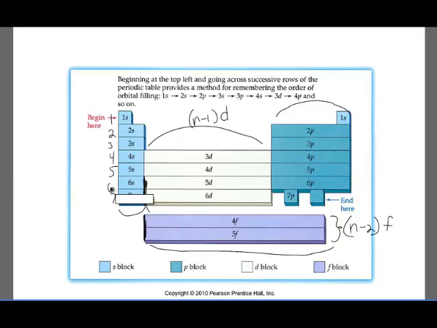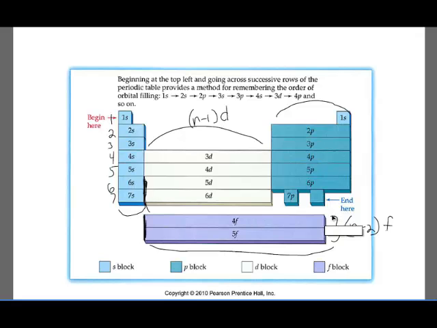Okay, so if n is 6, the S is 6, but the F is 4. It's 2 less than the 6. And then you jump back to 1 less than the 6 for the D. Okay, so you can actually just see the order by going across, counting up on the table. First 1s, then 2s, then 2p, then 3s, then 3p, then 4s, then 3d. So you just go across in the periods and you will get the right ordering of the energy levels.